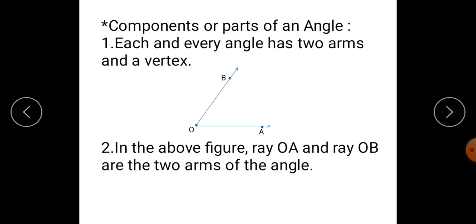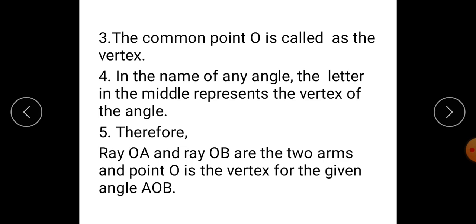In the above figure, ray OA and ray OB are the two arms of the angle, and the common point O is called the vertex. In the name of any angle, the letter in the middle represents the vertex of the angle. Therefore, for the above figure, ray OA and ray OB are the two arms and the point O is the vertex for the given angle AOB.